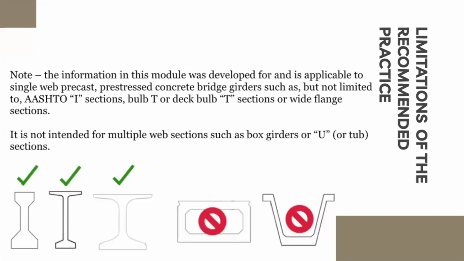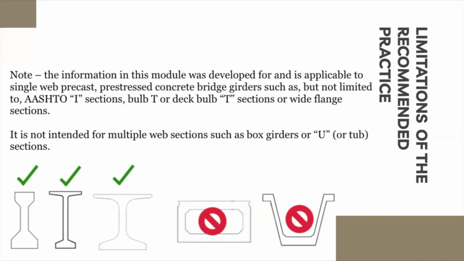Now, these are the limitations of the recommended practice. The information we cover is applicable for I sections, bulb tees, deck bulb tee sections, or wide flange sections, not box girders or U sections.